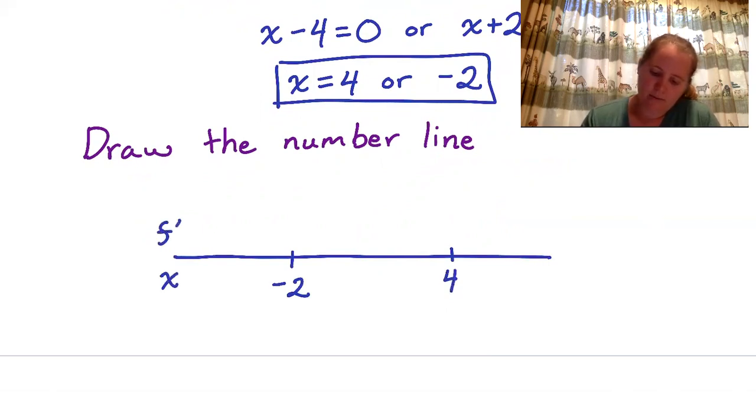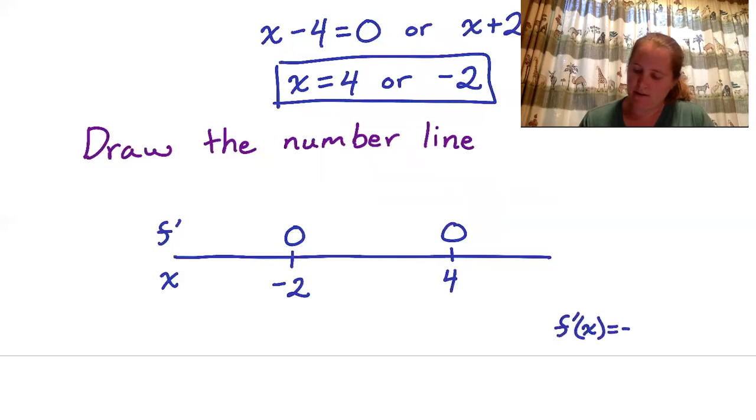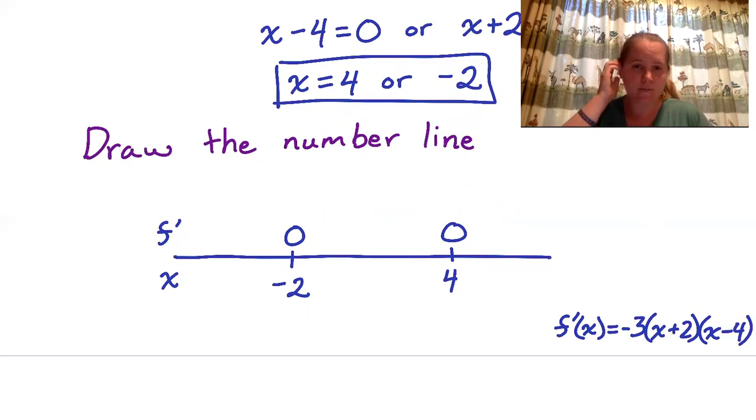F prime is equal to 0 at both of those places. Off to the side, I'm just going to do a quick reminder that f prime of x is equal to negative 3 times x plus 2 times x minus 4. I'm just rearranging the terms so that the one that corresponds to negative 2 is first.